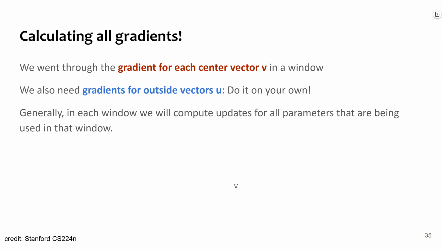Okay, we have calculated all gradients to train word vectors. We went through the gradient for each center vector v in a window, and we also need to calculate the gradients for outside vectors u. And the process is quite similar, and you can do it on your own. Generally, in each window, we'll compute updates for all parameters that are being used in that window.